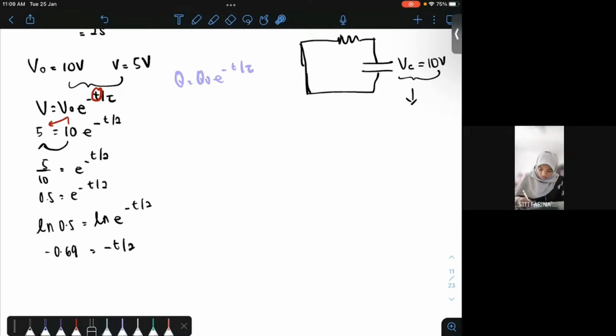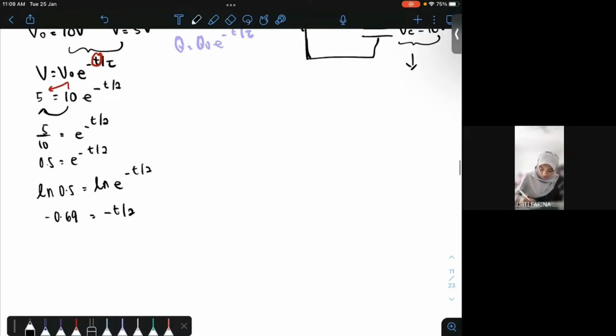Okay, so sekarang what you can do is you cancel the negative dulu, bawa 2 ke kiri darab, so you'll end up with T equals ln 0.5, 0.693 times 2, 1.39 seconds. Okay, so this is the time taken. So in 1.38 second, you manage to drop the potential from 10 to 5.